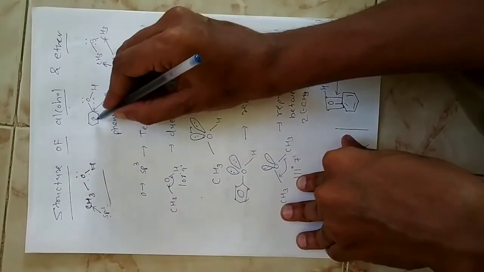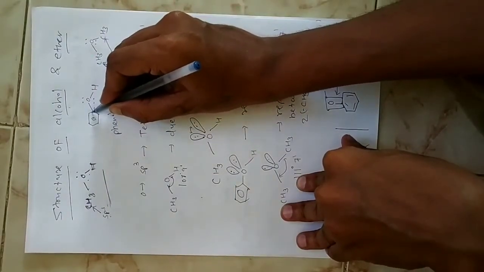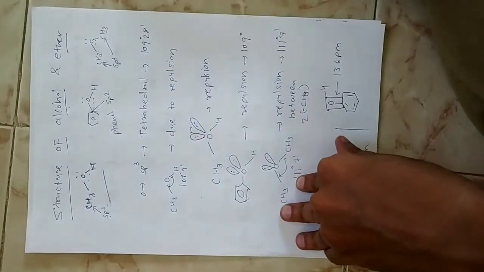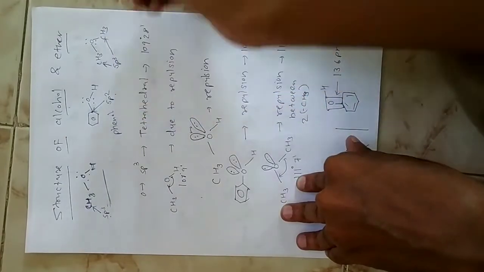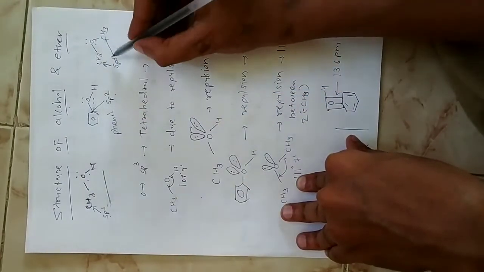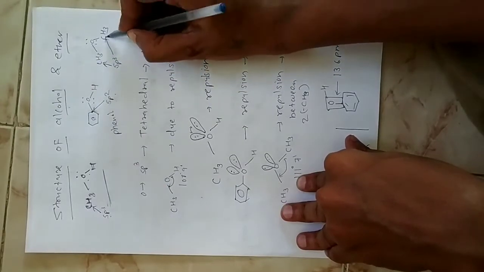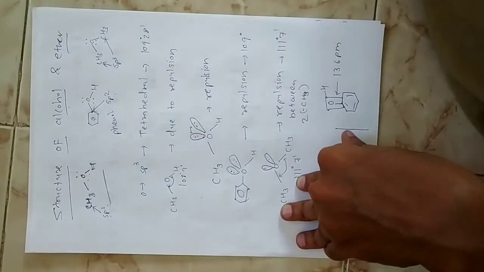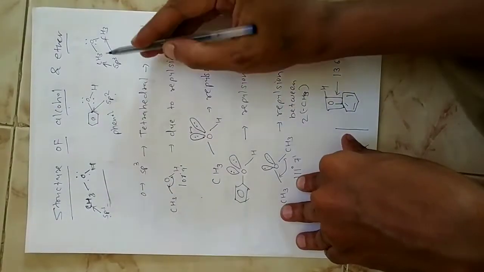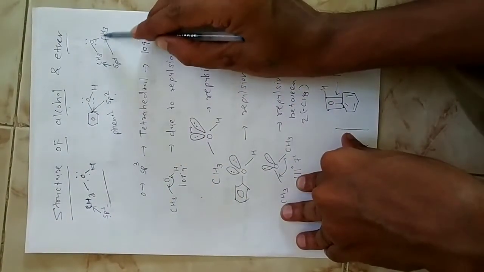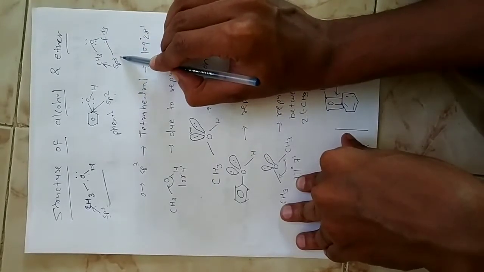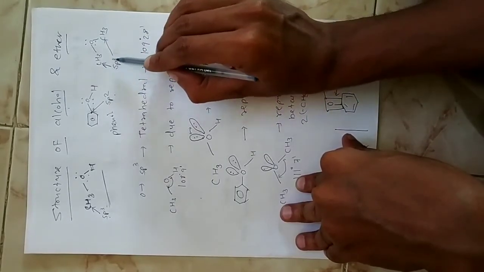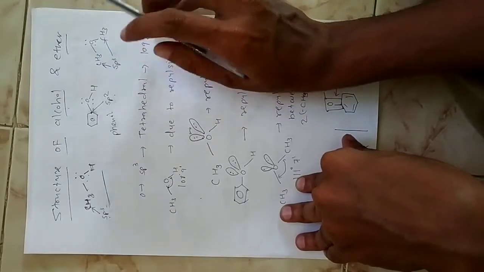Now in the benzene ring, this carbon is having a double bond, and that double bond resonates. So this carbon is sp2 hybridized, while in ether you can see CH3OCH3. These two carbons are having sp3 hybridization.